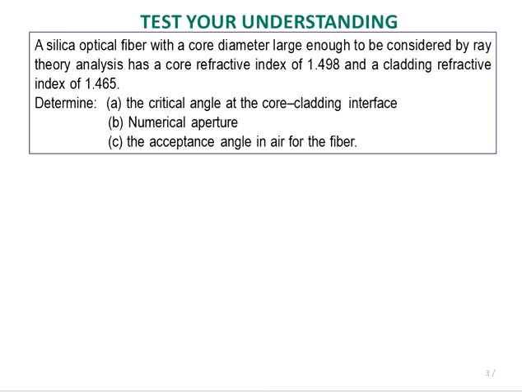When you see the problem, the first step is you write down what is given in the problem. So the refractive index of core, which is n1, and refractive index of cladding, which is n2, these two are given. So n1 is 1.498, n2 is 1.465, and we have to find phi C, numerical aperture, and theta A.